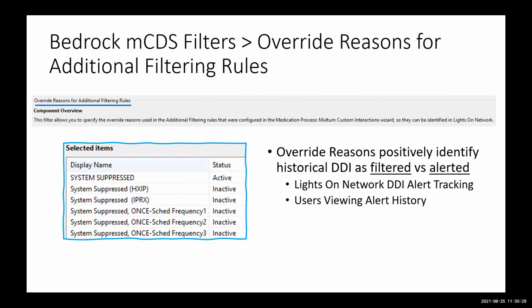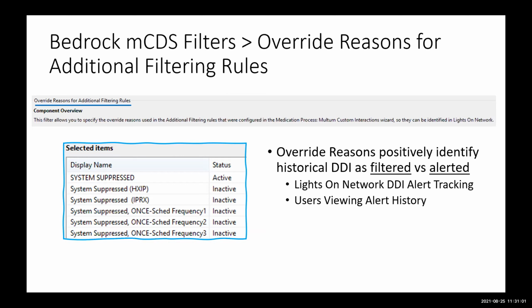Now for the override reasons for additional filtering rules, this is what really affects Lights On Network. Lights On relies upon a clear indication of what did fire versus what did filter. And that is dependent upon having a very specific override reason. In our case, we use the term system suppressed, and we try to detail out very specific ones to the reason for the filtering where possible, so we can more easily track what was the cause of each filter.